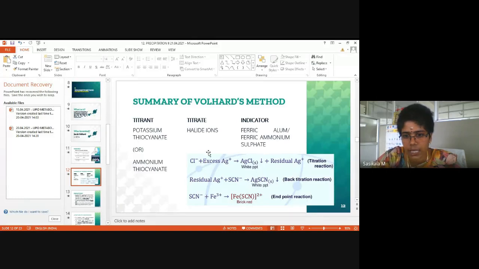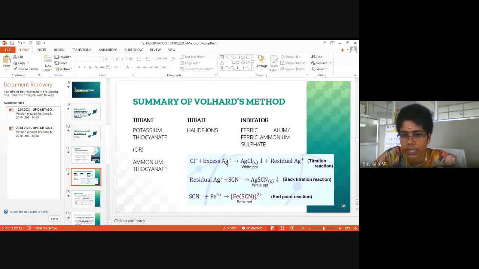This reaction takes place in acidic medium. That is called back titration: the silver and thiocyanate reaction. And the actual titration is chloride ion reacting with silver ion. This is our sample. It reacts with an equal amount of silver ion to give silver chloride precipitate. We need to analyze the concentration of chloride ion.